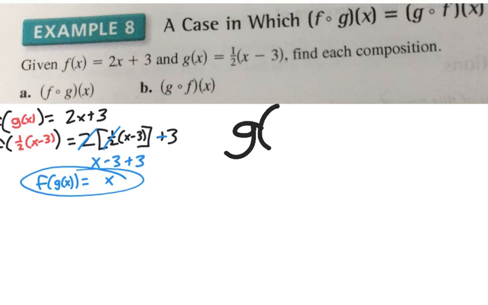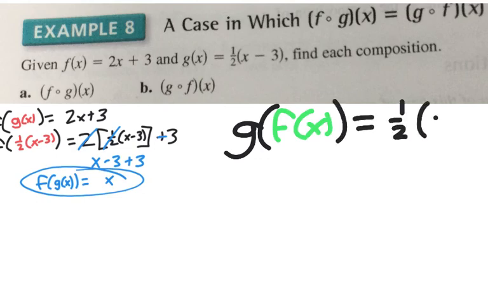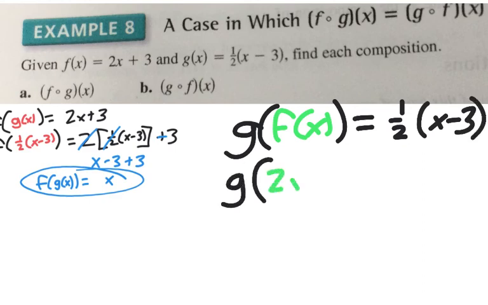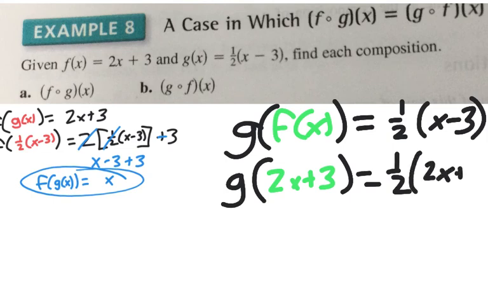Let's go the other direction. If I found g of f of x, my function g is 1/2 times x minus 3. But now I'm going to be plugging in f, which is 2x plus 3. So it's going to give me 1/2 times x, which is 2x plus 3 minus 3.